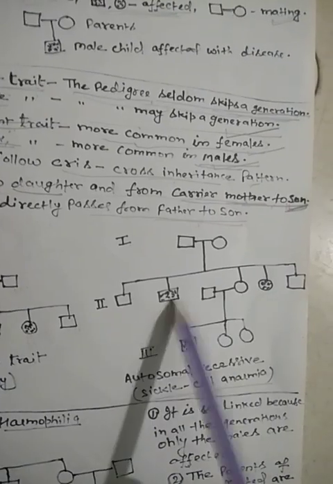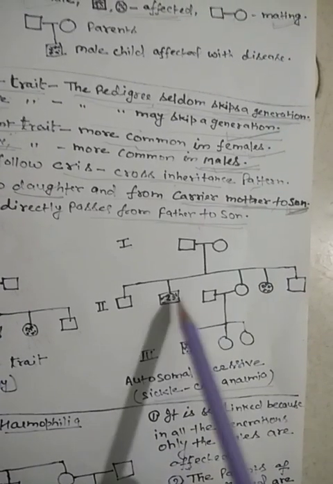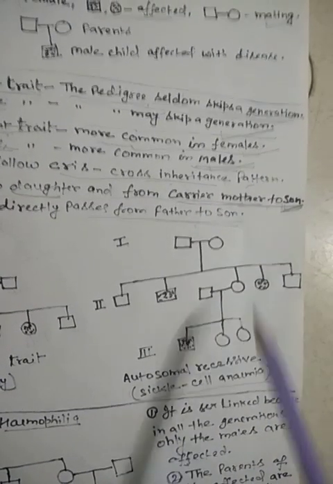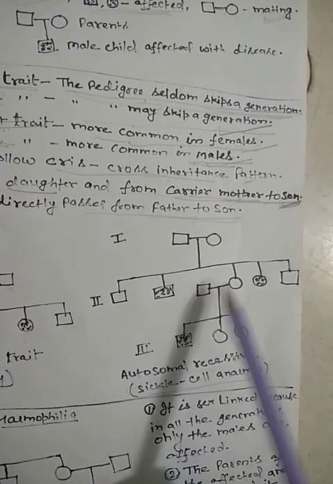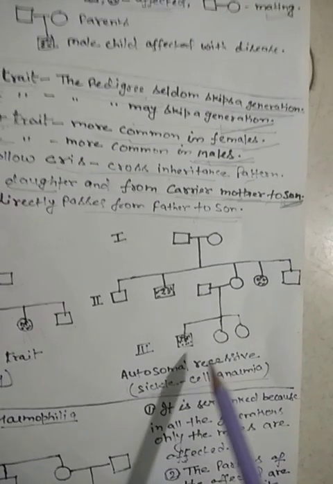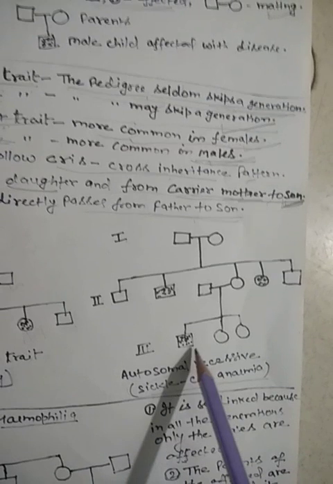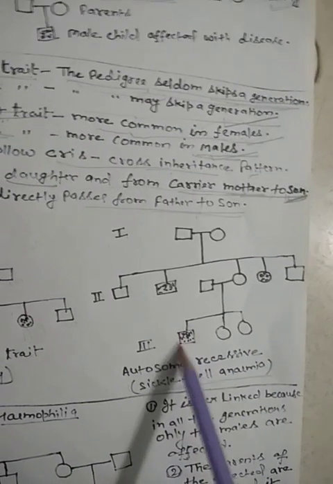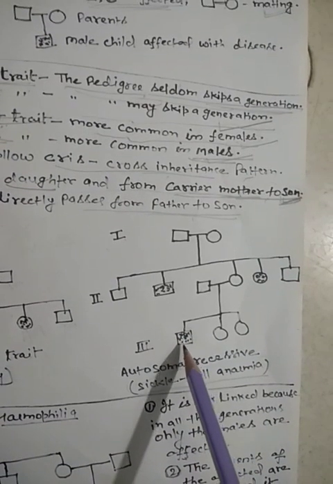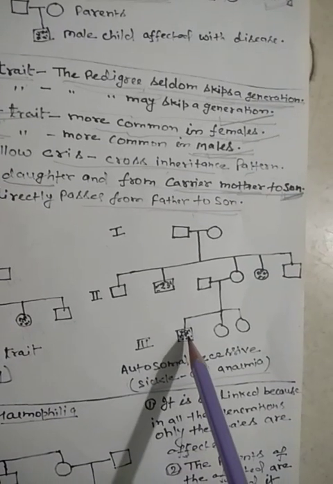Here we can see that these two individuals are affected, meaning they have the disease sickle cell anemia. Suppose this daughter is married to this person, and again in the third generation we can see that this male also shows the disease, sickle cell anemia.